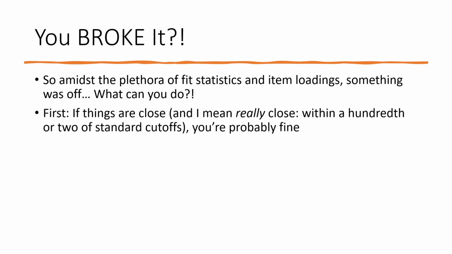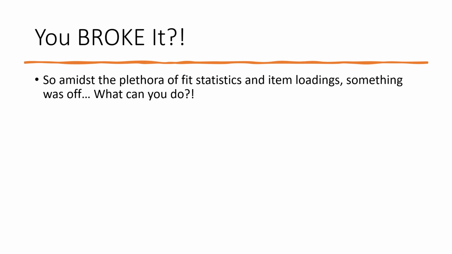Well, first of all, if all of your fit statistics look good except for one, which looks kind of borderline, you're probably okay. Different people disagree on this, but for me, I kind of do majority rules, and I'd like it to be a heavy majority. If it's a bare majority, then maybe I'm a little hesitant, but if it's a heavy majority and just one of them's a little bit off, I'm not going to worry about it.